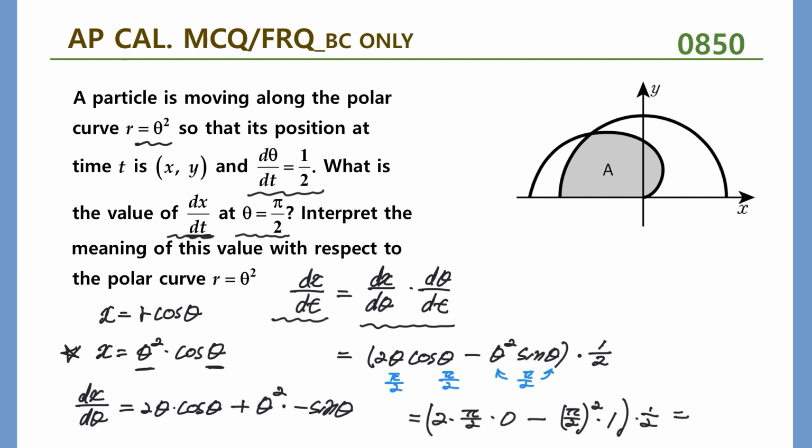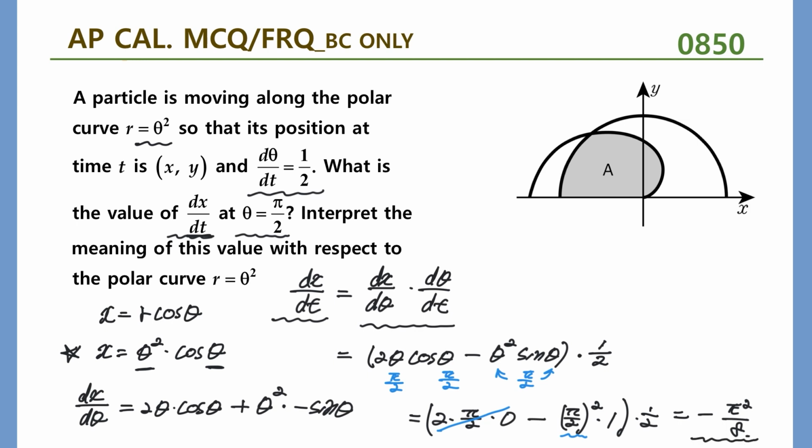All of the first part is 0. This expression is pi squared over 4 times 1/2, so that's going to be negative pi squared over 8. So our dx over dt when theta is equal to pi over 2 is negative pi squared over 8.